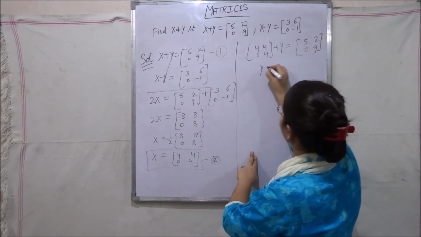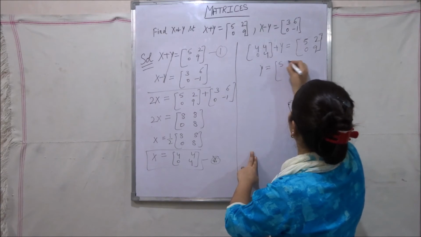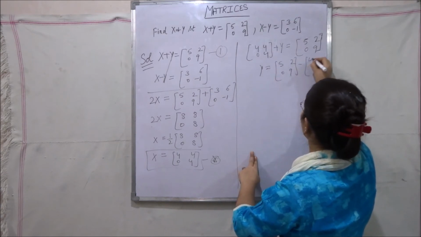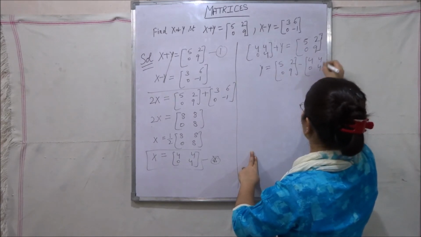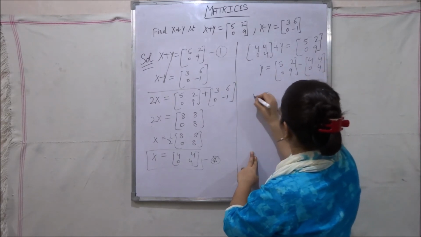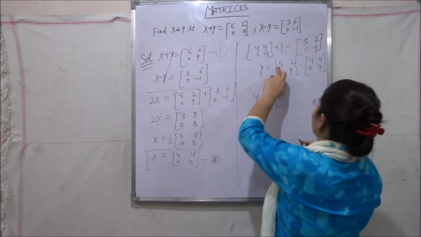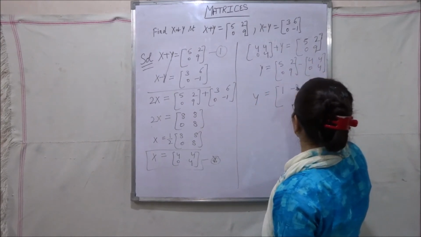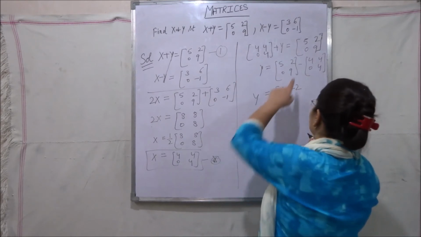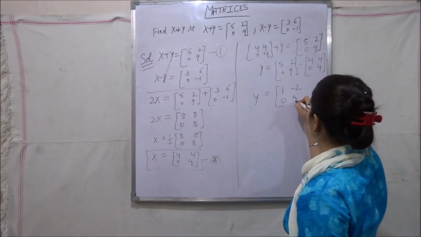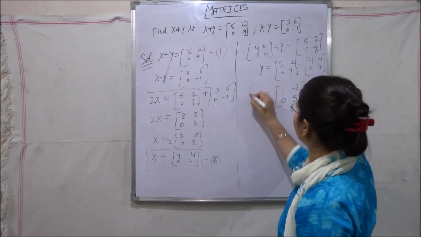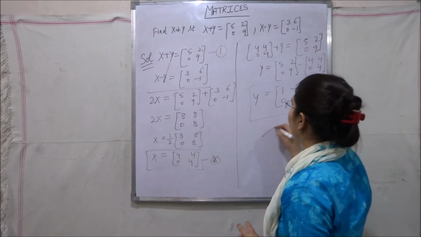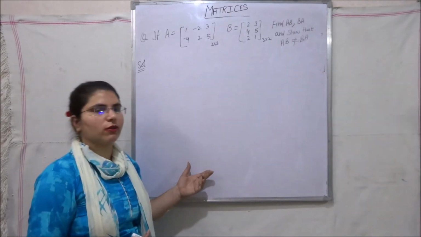Now matrix Y equal to 5, 2, 0, 9 minus 4, 4, 0, 4. So after subtraction Y will be 5 minus 4 is 1, 2 minus 4 is minus 2, 0 minus 0 is 0, 9 minus 4 will be 5. So hence we find the value of matrices X and Y. Hence solved.